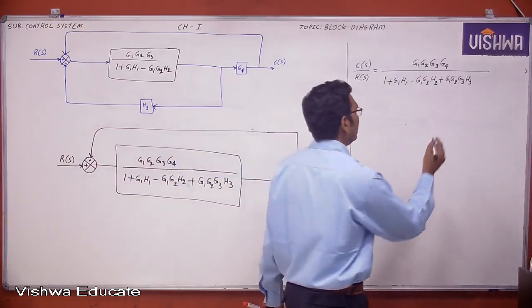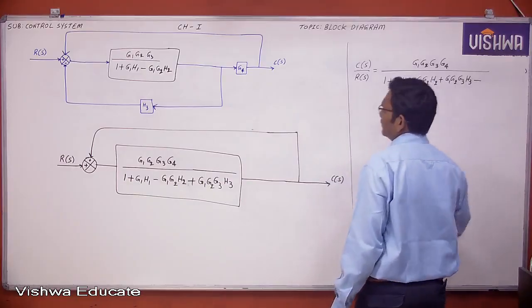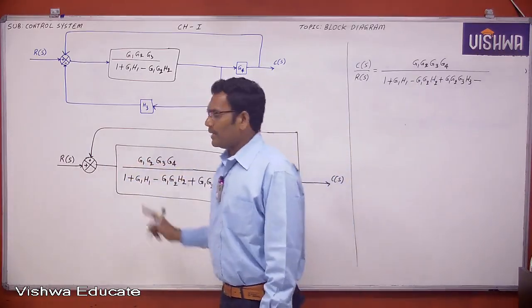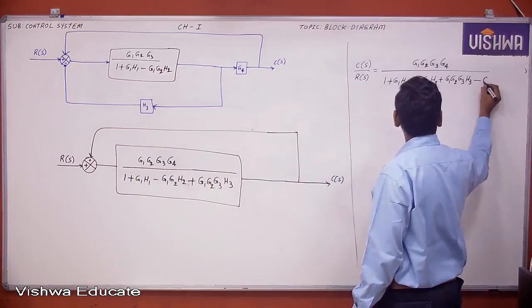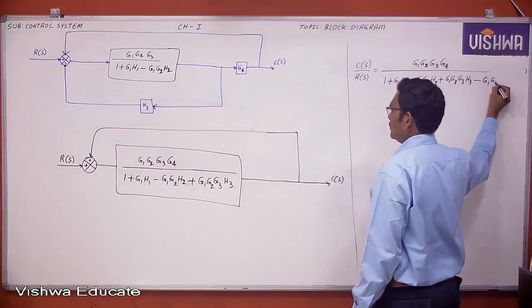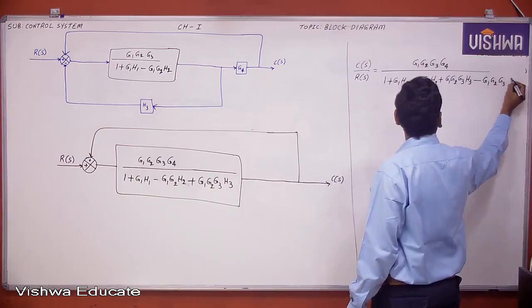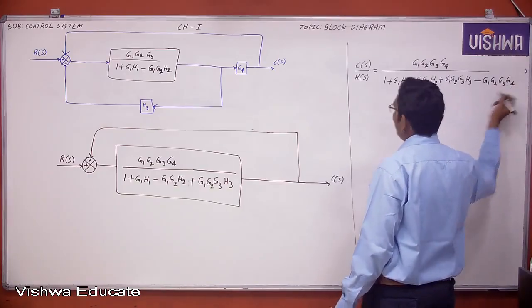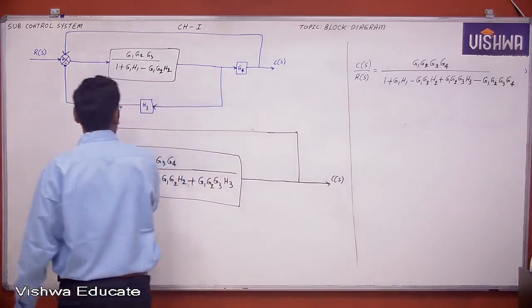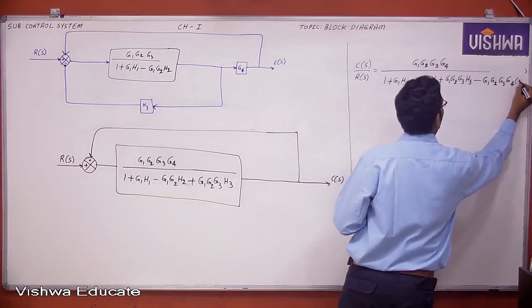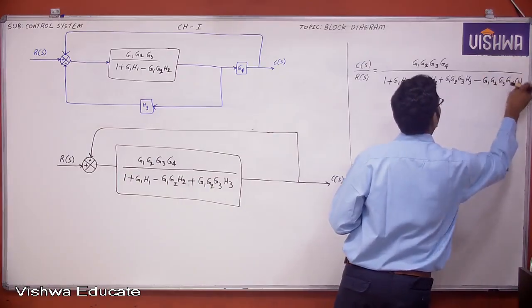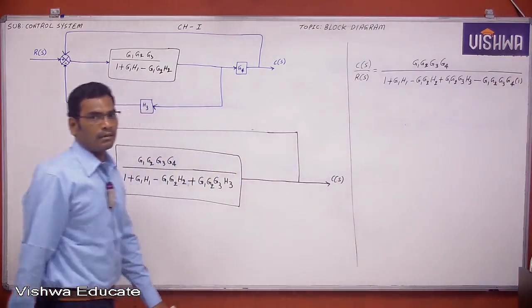Positive feedback means here minus. If it is negative feedback, plus. Then numerator as it is. What is the numerator? G1 G2 G3 G4 multiplied with feedback path gain, which is 1. This is the transfer function. Clear or not?